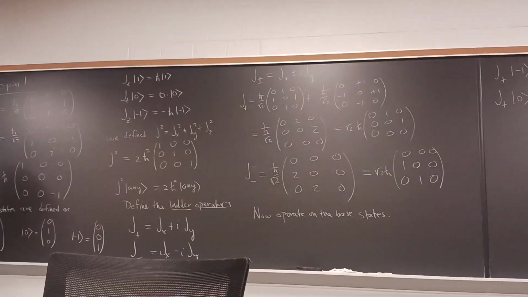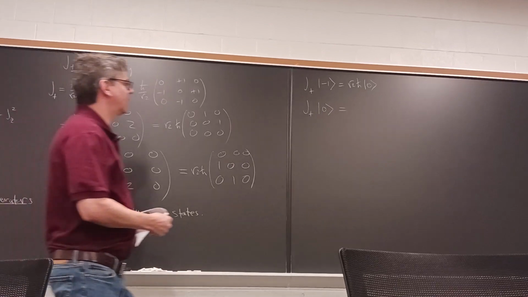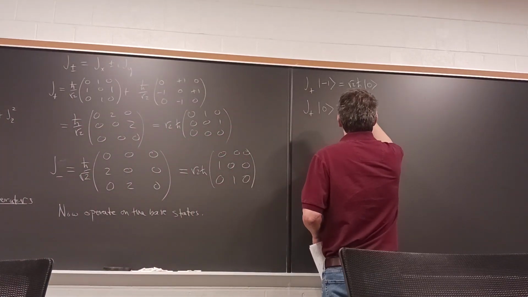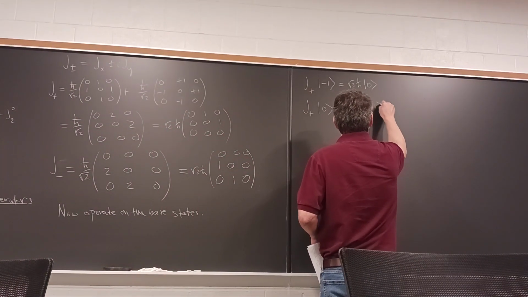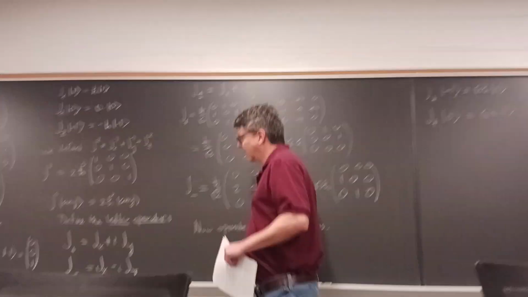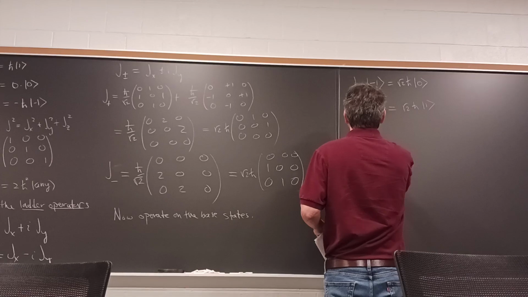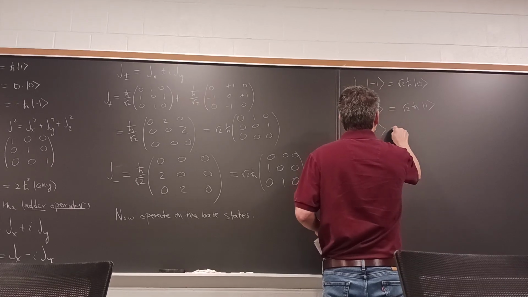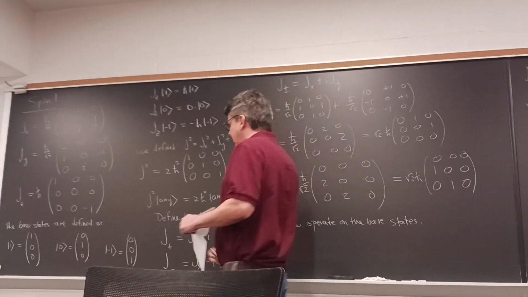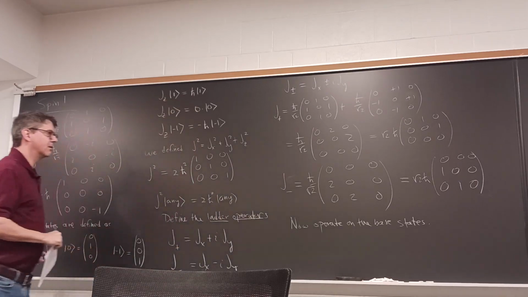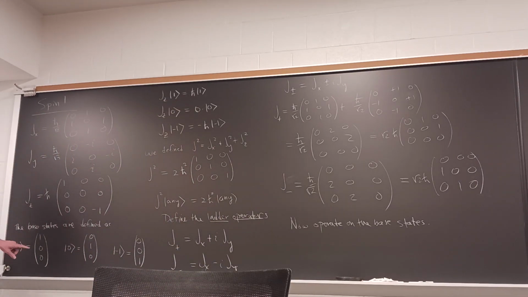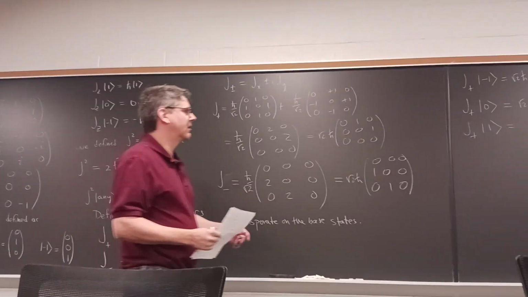So I'll get 1, 0, 0, and this will take this state to square root 2 h bar times the top state. And then we can finally ask what happens when J plus operates on the top state. You can see that that matrix, when it operates on this column vector, will just give you 0, 0, 0. So this gives a 0.